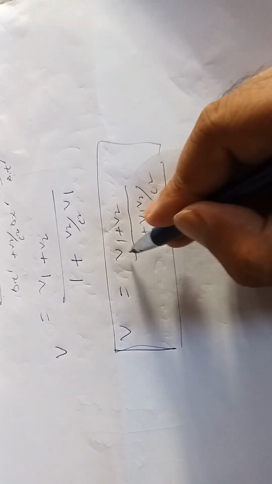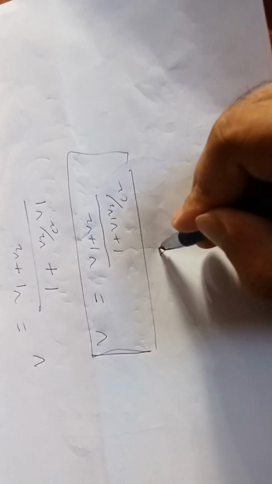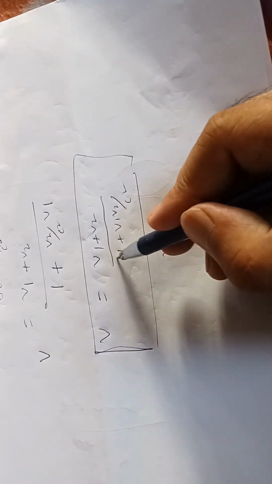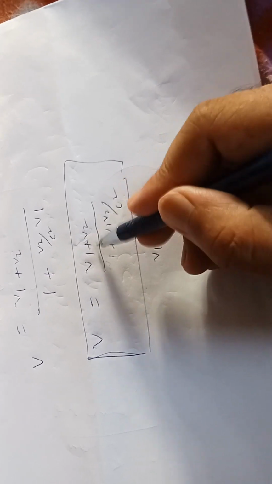So what are the amazing consequences of this equation? First, this equation is symmetric in v1 and v2. You can write v2 in place of v1 and nothing will change here. So we can conclude this equation is symmetric in v1 and v2.